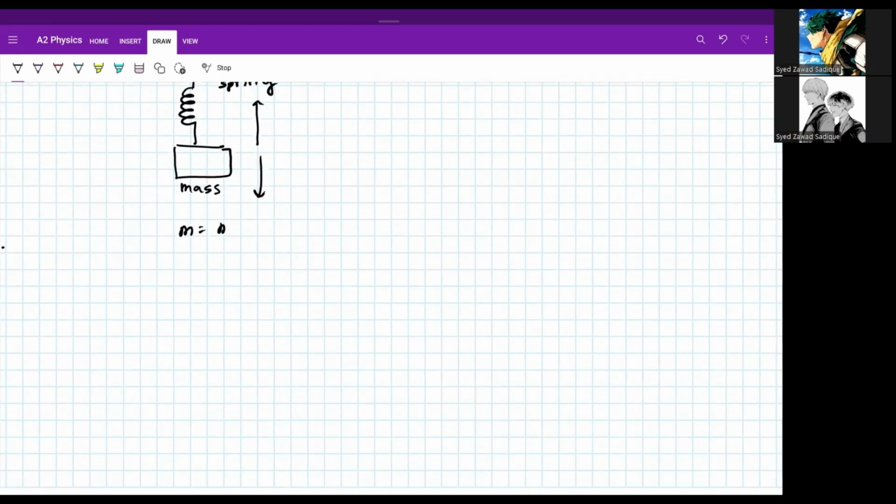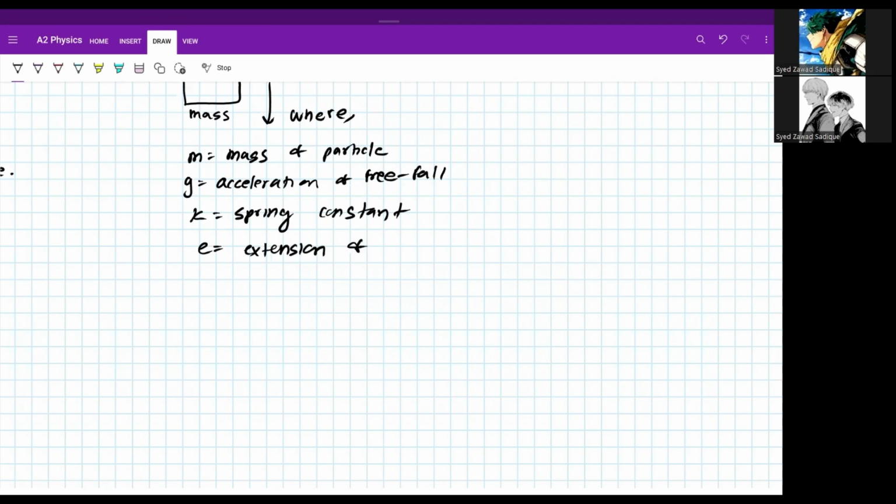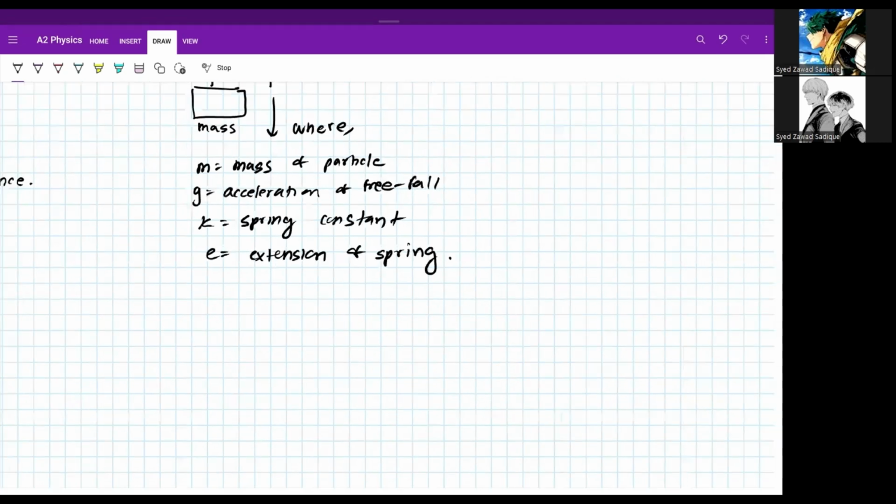M is mass of particle, g is acceleration of free fall, k is spring constant, e is extension of spring.